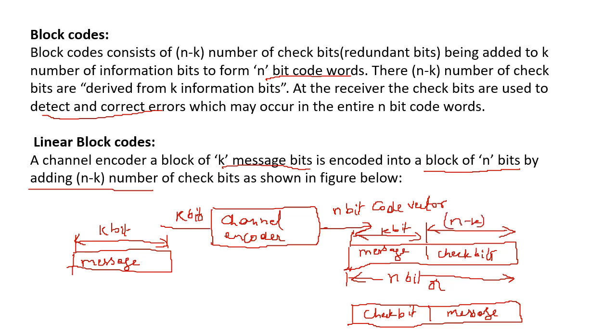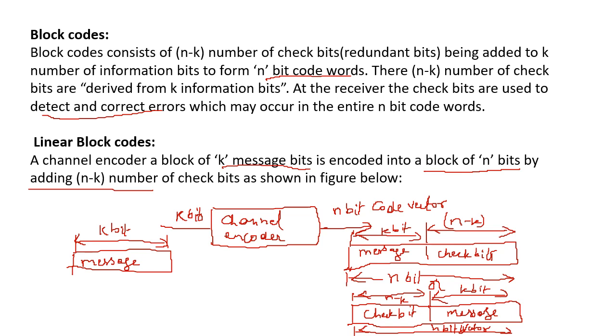Similarly here, you have n minus k check bits and the k-bit message to form an n-bit vector. So this will be an n-bit vector.